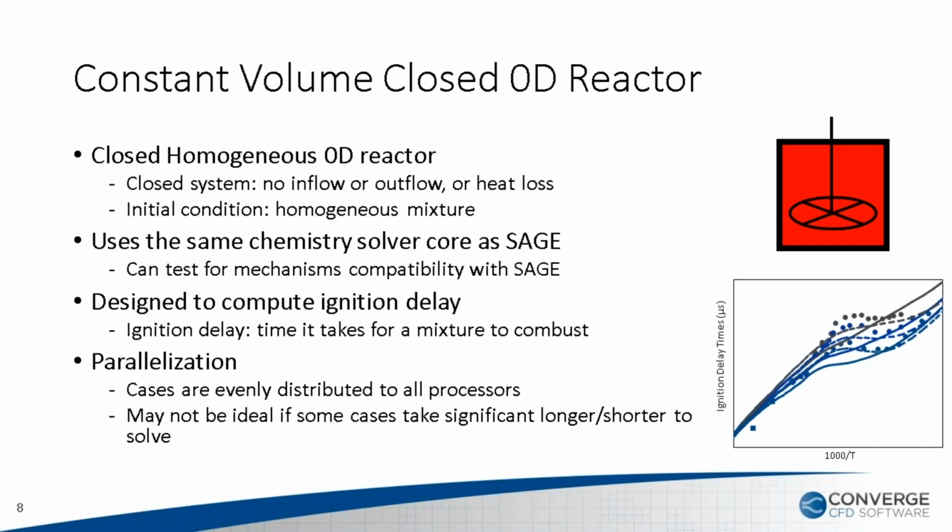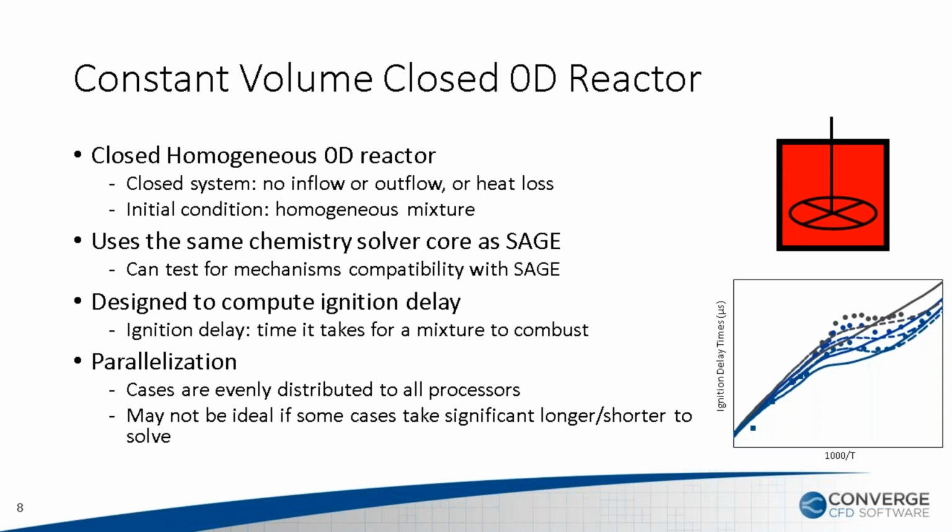Once you're done running it, we'll output the ignition delay for each of the cases you give us. For those who do not know, ignition delay is the time it takes for a mixture to ignite or combust. And like I said, our reactors are parallelized. The way we parallelize is that we evenly distribute all the cases to all processors that you have. Suppose you have 100 cases and you have 2 processors, so each processor gets 50 cases.